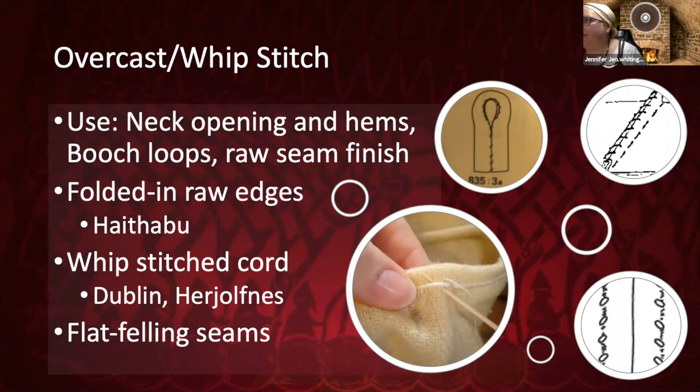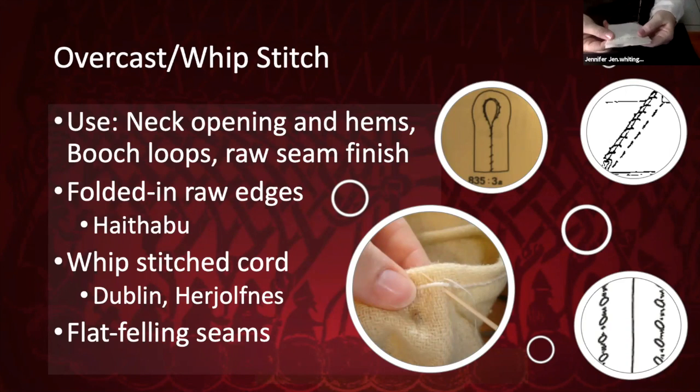So, yeah. All right. And the next one that I want to show you, we're going to do the flat felling, which is on the bottom right corner. Now you have your piece where you did your running stitch along in here, and you may have used that to turn in your edges and you have a little bit of an overcast going.